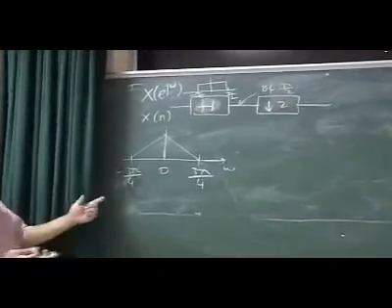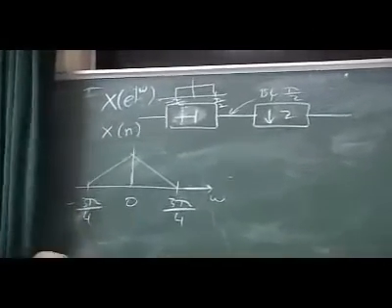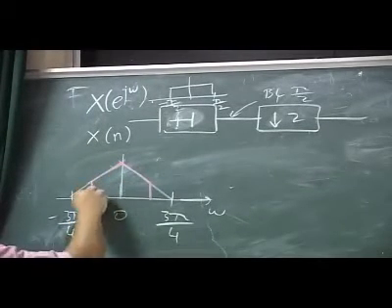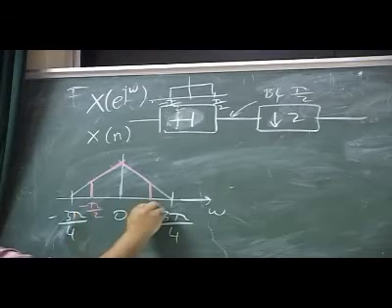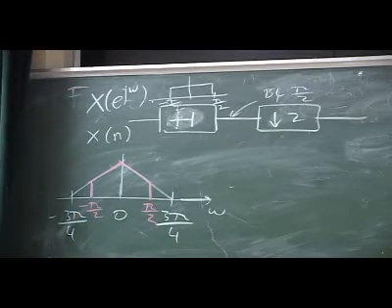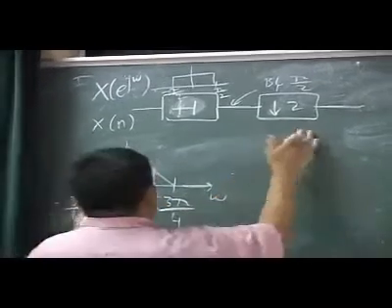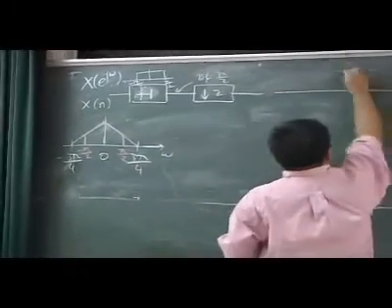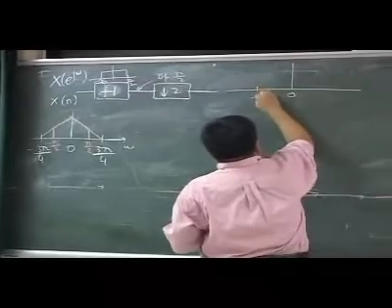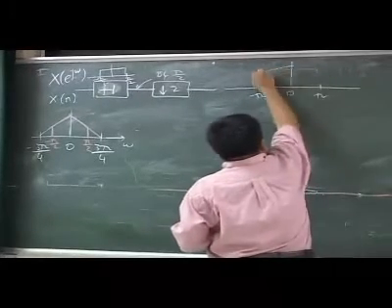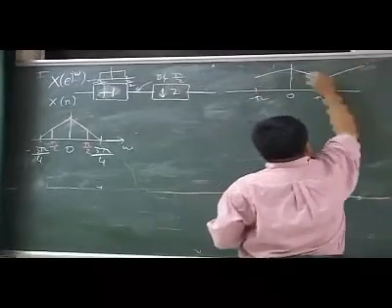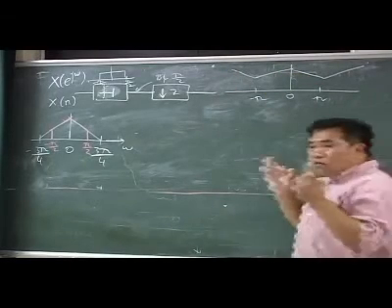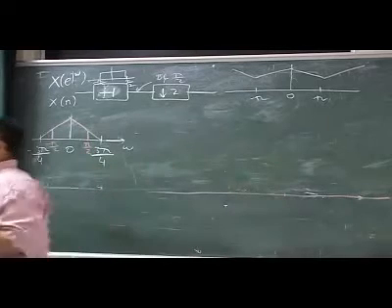So after going through a filter and after downsampling, I got this. So the output will look like this, there's no aliasing, right? But I'm only retaining the low pass part.